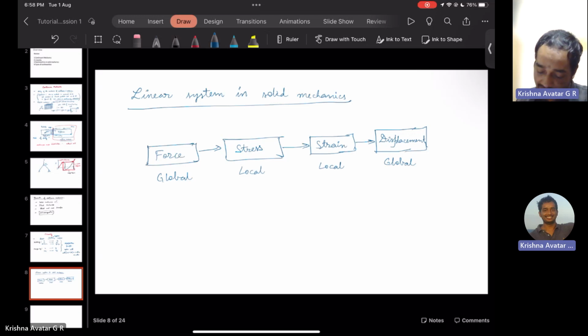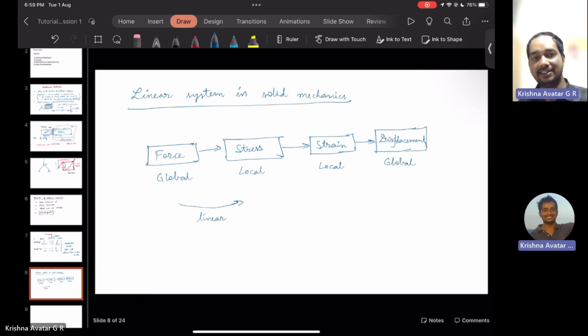The thing is, a linear system in solid mechanics implies that if you apply force, and say you have scaled the force by some quantity, then stress should also increase by the same amount. So the relationship should be linear.